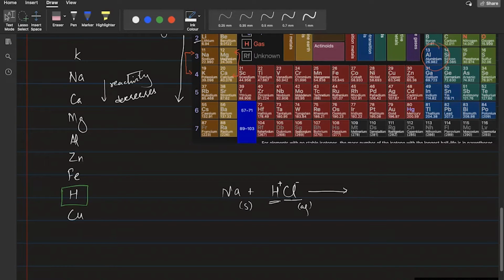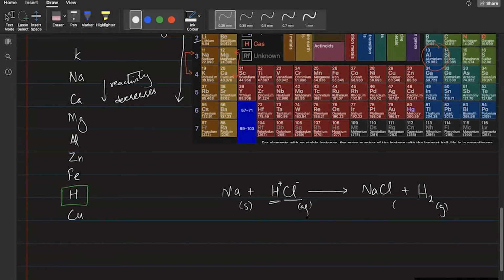So sodium is going to give its electrons to hydrogen and become sodium ion. And that will react with chloride to make sodium chloride. So all that has happened is that sodium has replaced H. Where does H go? H takes the electrons, becomes hydrogen atom. Another hydrogen atom comes in, they become hydrogen molecule, and you get this. And this is all dissolved in water.